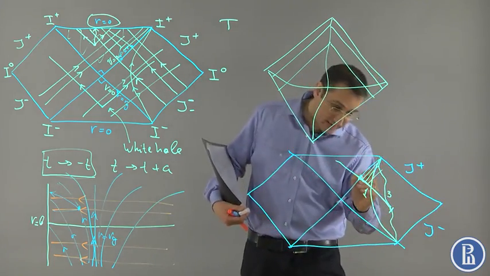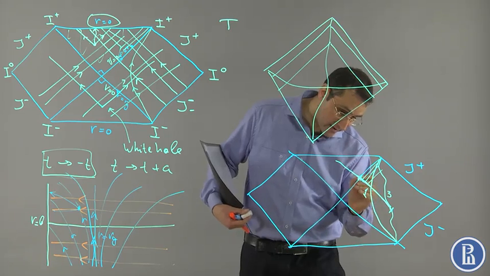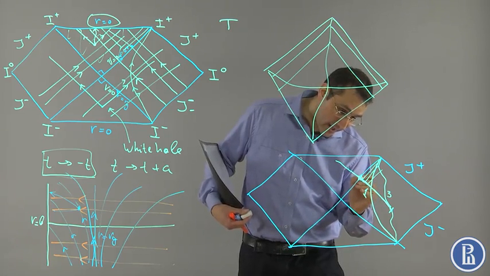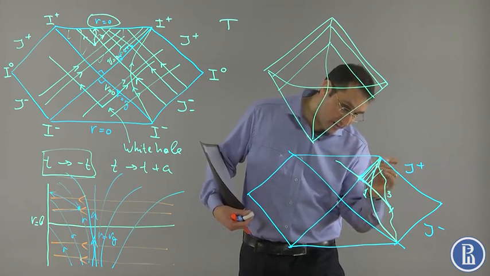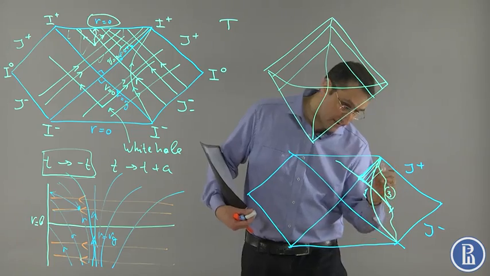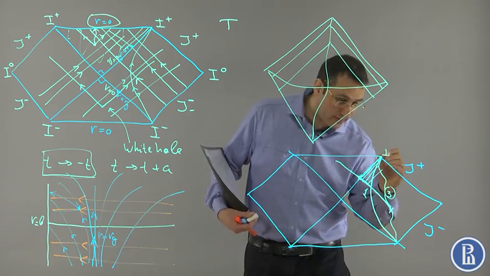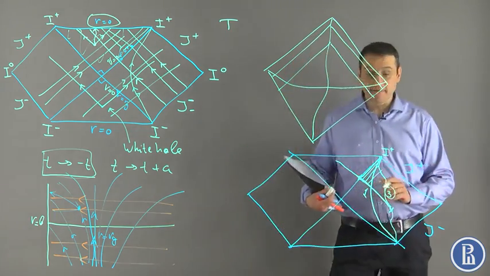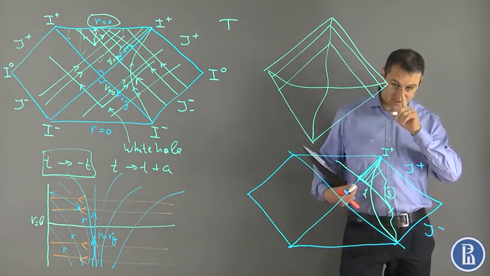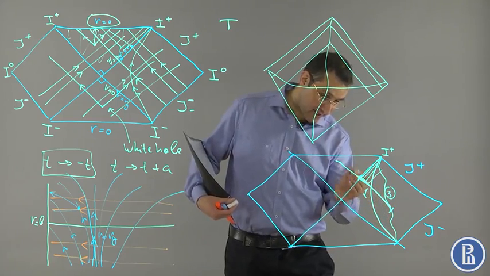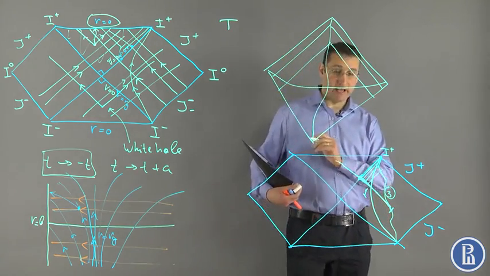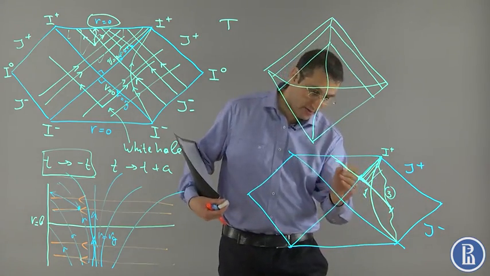Indeed, the last light ray, which is emitted by this guy at the crossing of the horizon, will reach observer number 3 only at the future infinity. So that never happens, although this guy takes a finite proper time to cross the horizon, and even to reach the singularity.